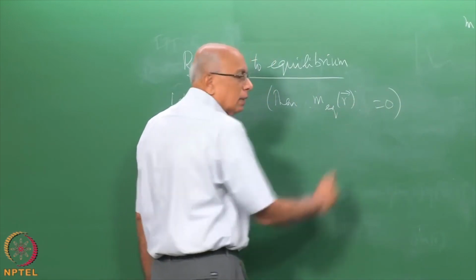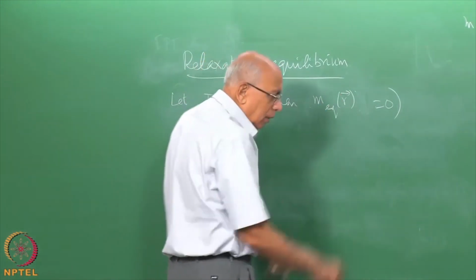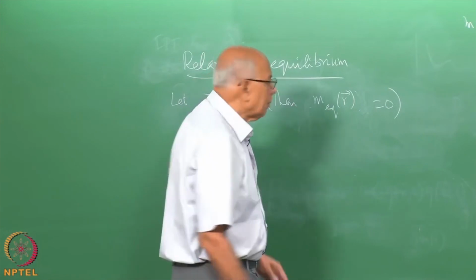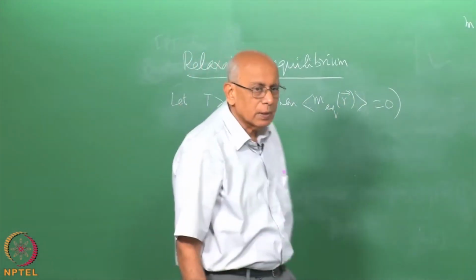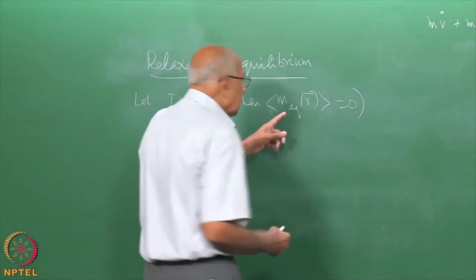I should really put brackets here, because I have used this m in the Langevin equation without putting brackets, but okay, let us be rigorous. This quantity is 0. So we write an equation for this m.